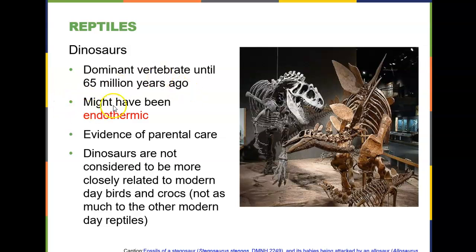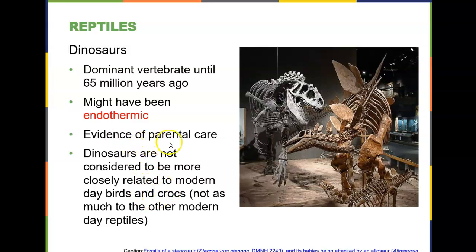Now, dinosaurs, we believe, might have been endothermic, meaning that they are highly impacted by climatic changes. They have to maintain a certain body temperature, so when this major event happened 65 million years ago and there was a huge climate shift, they may not have been able to adjust or adapt.